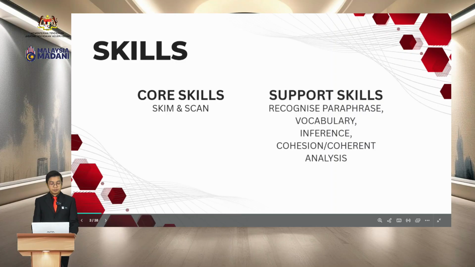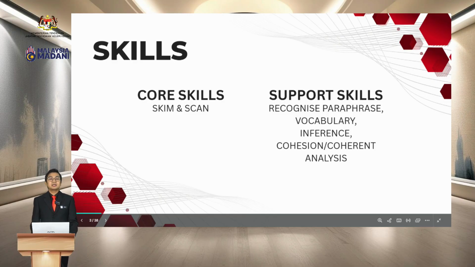As Paper 1 covers reading skills, the core skills that we need are skimming and scanning to effectively answer the question. Skimming is basically reading quickly to get the meaning or the main idea, and scanning is when we are looking for specific details such as dates, time, or any words in the text.